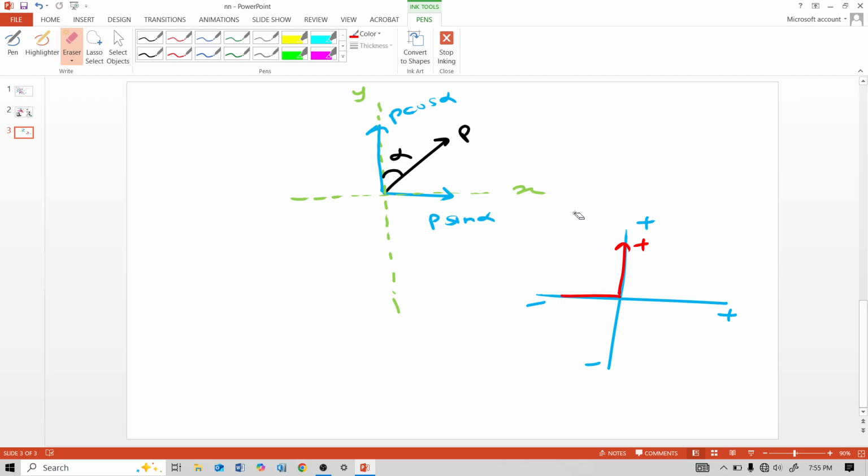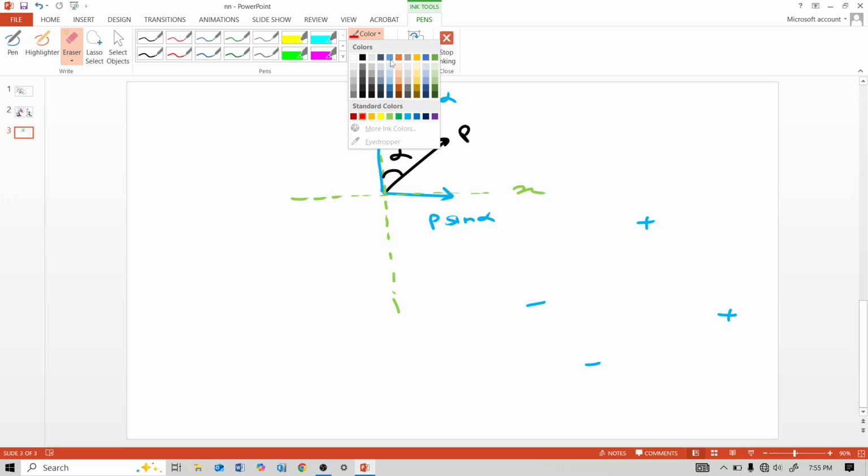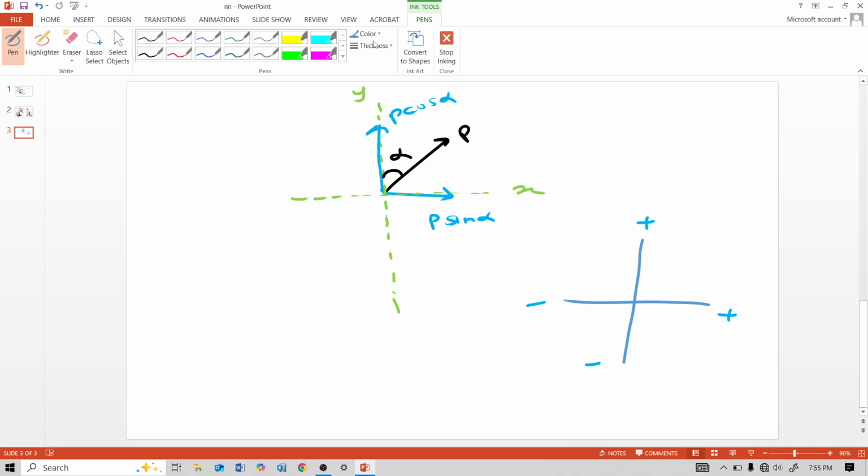Or else your force will be like that. If your force is like this, then this is also a negative component and this component will be negative. So remember that.